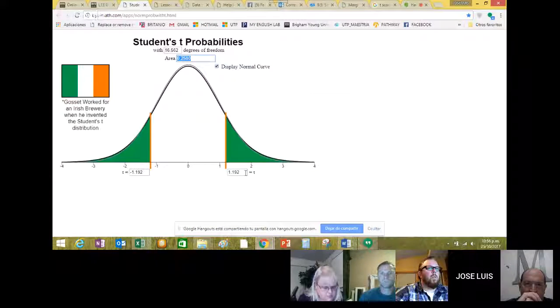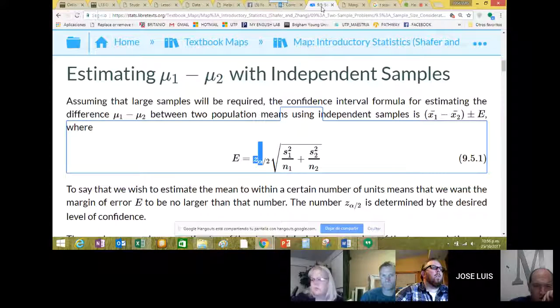At the beginning we used the negative t that was in the Excel file, but it was wrong. We have to use this one, 1.192, and we have to multiply that by the number we have here from the square root.